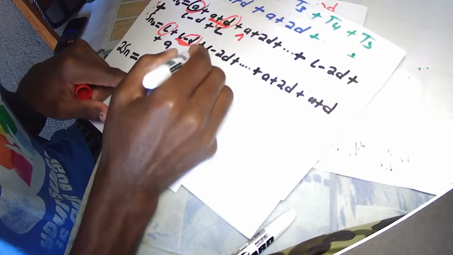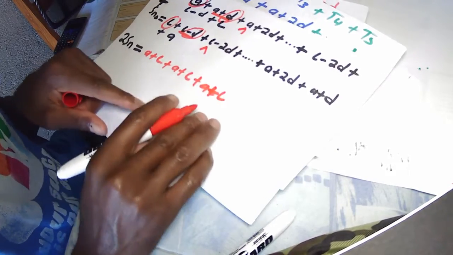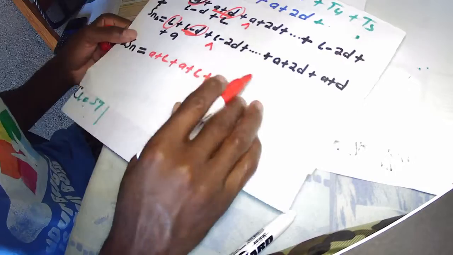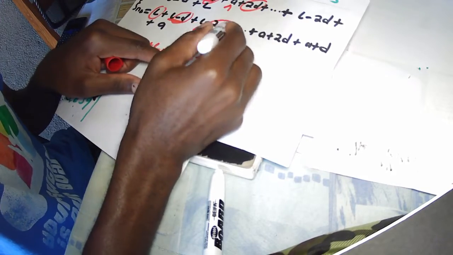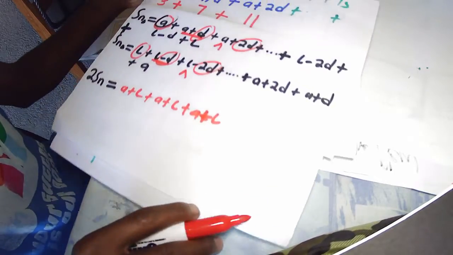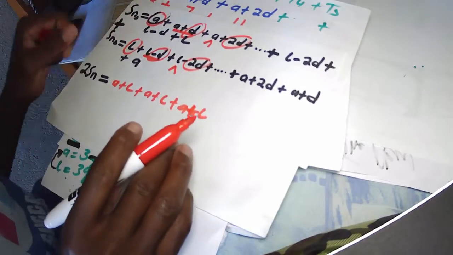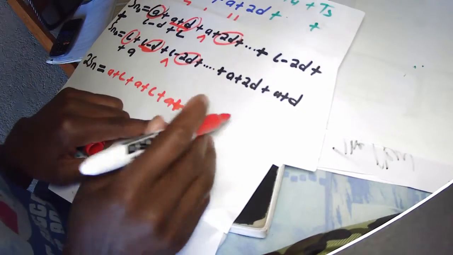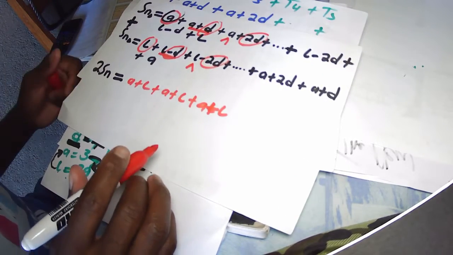We continue adding a plus l, a plus l, and the same thing continues to happen for d. D is positive 2d and minus the 2d, so d is getting lost, subtracted as much as possible.